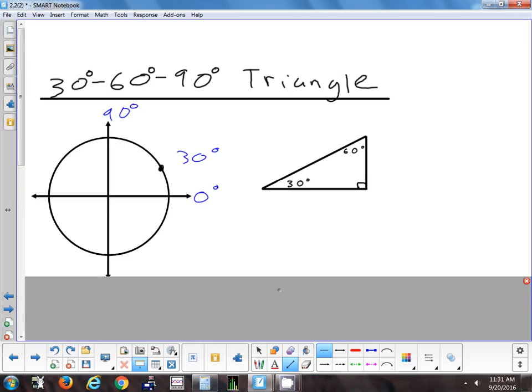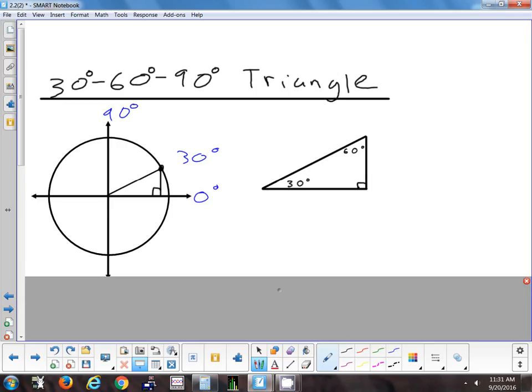What I'm going to do is make a triangle out of it by drawing a line to the origin and then perpendicular to the x-axis. There's my triangle.